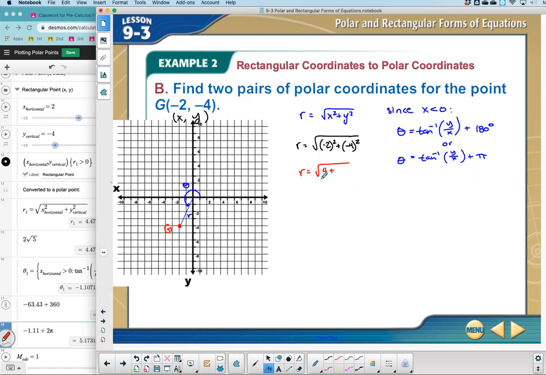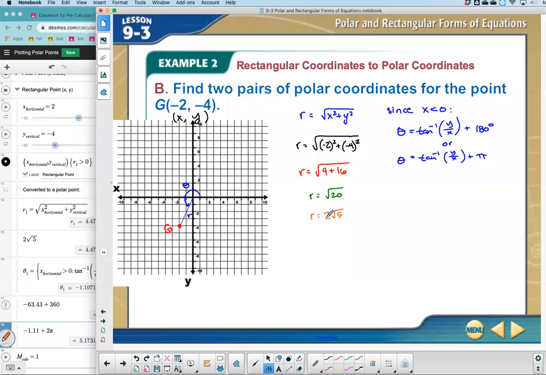And -4 times -4? 16. 4 plus 16? 20. We already reduced that square root a little bit ago. You might remember that was 2 square roots of 5, because that is the square root of 4 times the square root of 5, and square root of 4 is 2. So yep, that's it.